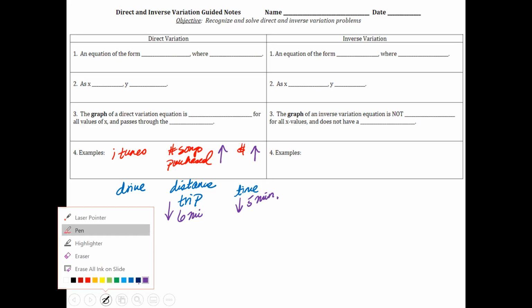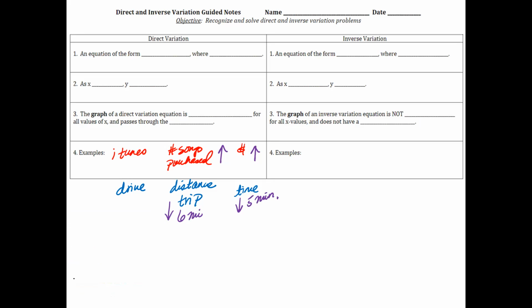On the other hand, inverse. Let's see, we're in winter, so let's stick with a winter theme, okay? We'll take the time it takes snow to melt and the temperature.